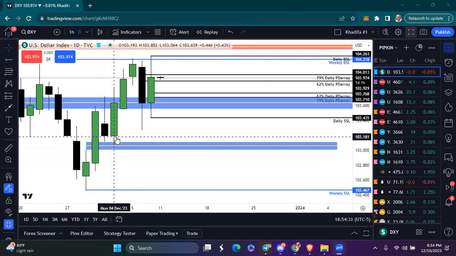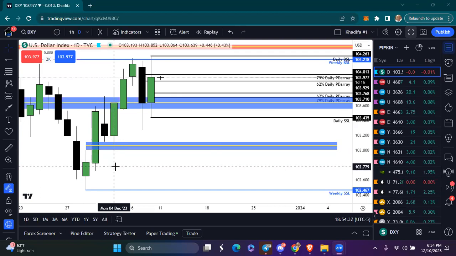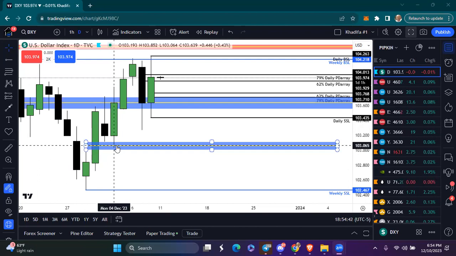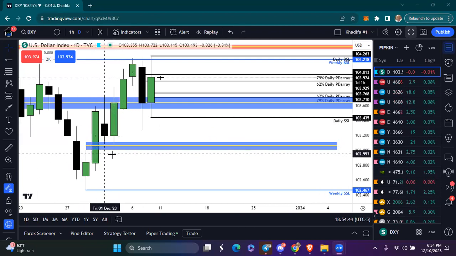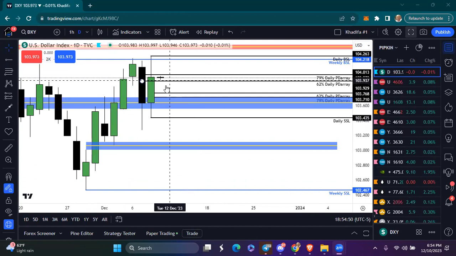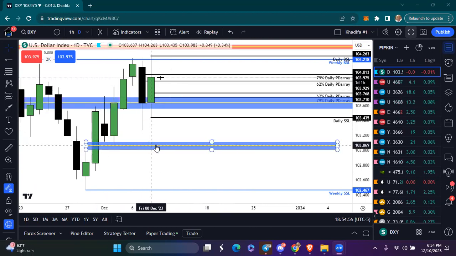We've seen price come down to the consequent encroachment of that fair value gap last week, but we did not deliver through that fair value gap, meaning that we did not see price deliver efficiently to it. And that's where I am targeting this week. That's where I see price dropping to this week.